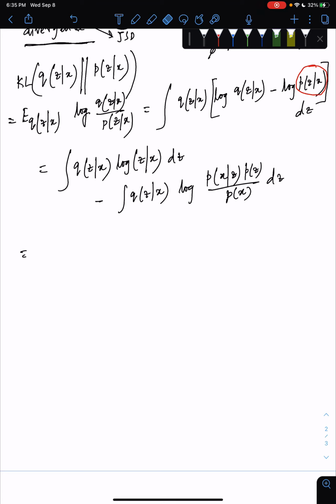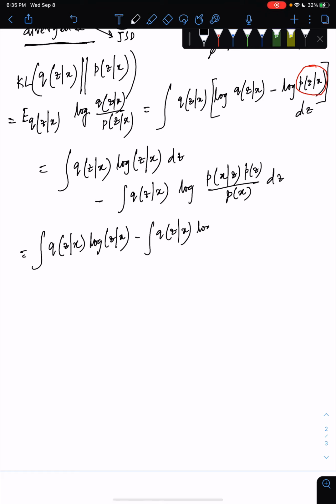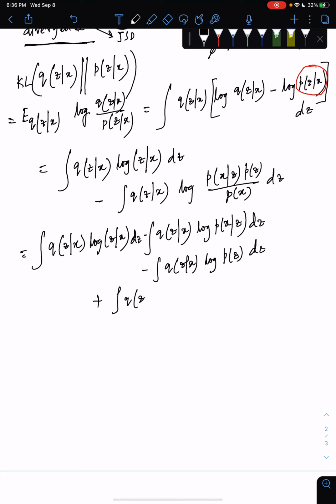Okay, so let's keep this thing as it is. Then I have my q(z|x) log p(x|z), minus q(z|x) log p(z), plus q(z|x) log p(x), dz.